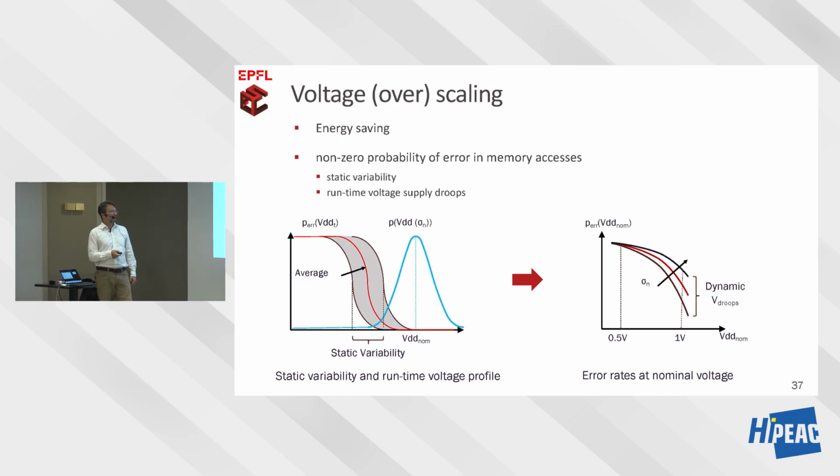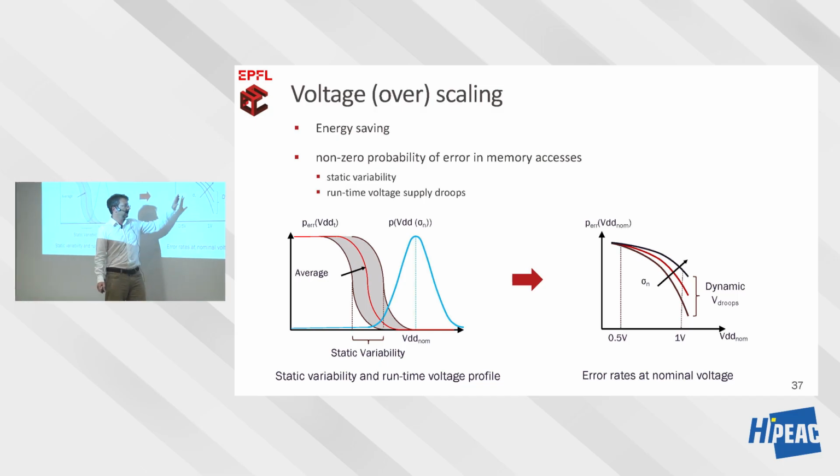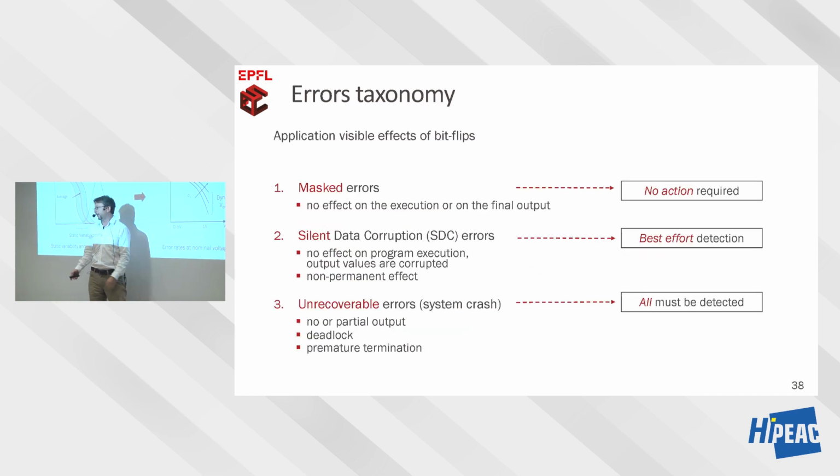Nonetheless, we had to take into account that once we start to live in a dangerous regime in which we aggressively scale the voltage, the voltage will not stay constant, but will start to fluctuate around the non-nominal supply value. So there is a combination of the probabilities of failure of different bit cells, and the probability of having a given real voltage while running the application for a nominal voltage value. This is then the failure probability which we have for a nominal voltage value.